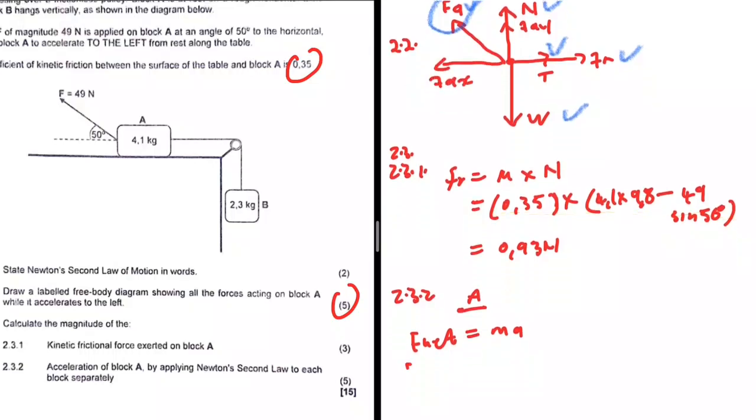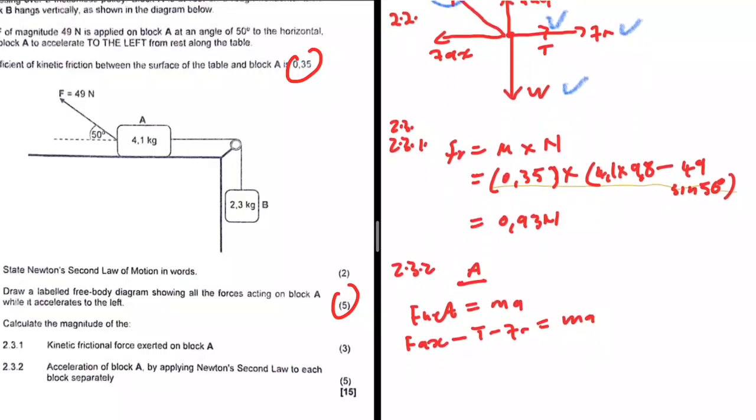So we have FAX minus all the forces that are opposing the motion of the object, the forces pointing in the opposite direction. In this case, it is the tension and the frictional force, and this is equal to MA. So FAX is going to be 49, we said that x is cos, so cos of 50, minus the tension. I don't think we have the tension.